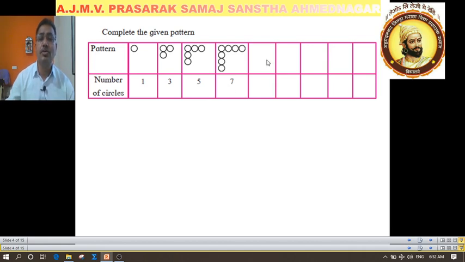In the next rectangle the circles exceed again by 2, so the number of circles is 9, next 11, 13, 15, 17 and so on.